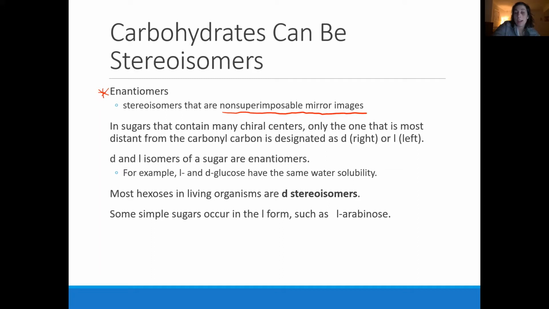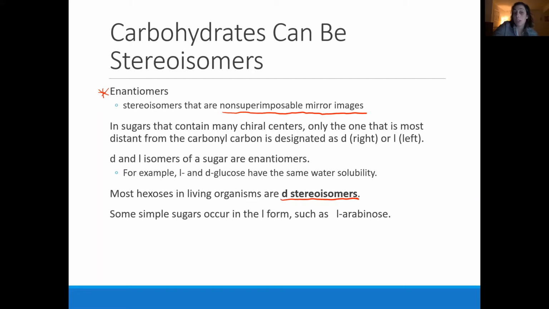Now remember that enantiomers have physical properties that are generally the same except for their ability to rotate light. In living organisms, our sugars, and in particular our hexoses, those are 6-membered sugars, are mostly D stereoisomers.